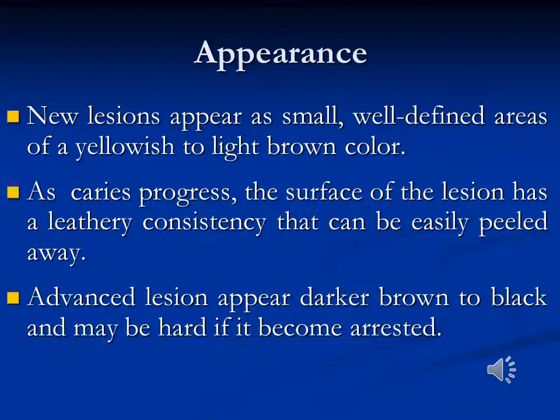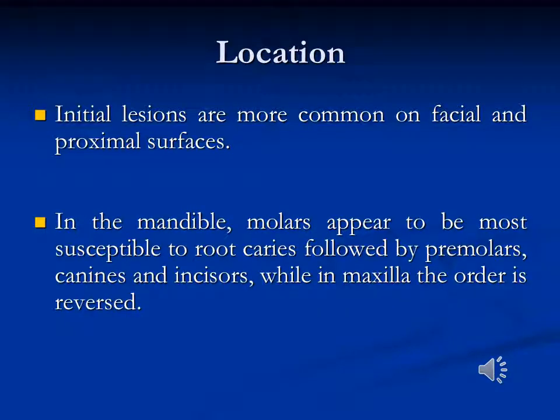And later, an advanced lesion will appear darker brown to black and may be hard if it becomes arrested, which means the caries process has ceased for any reason, and it will become hard and stain dark in color. The location of the lesion, as we said, should be on the root surface, hence the name root caries.